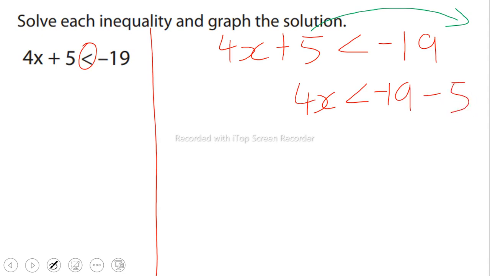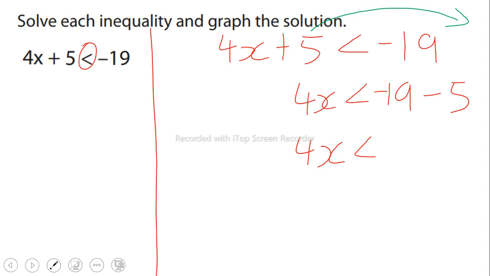And so now we have 4x is strictly less than, what is it, negative 19 minus 5. Negative 19 minus 5, what is that? Negative 24. Very good.